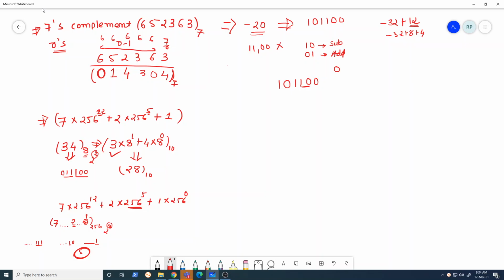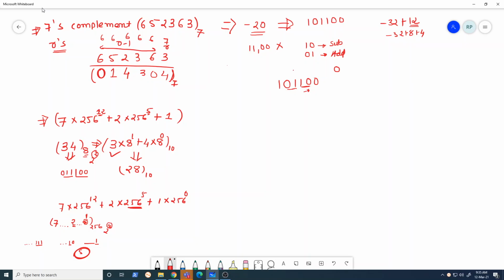Sorry, 1 0. This is qn minus 1 and this is qn. 1 0 means subtraction, right? Only subtraction. Then 1 1 means shift, then 1 0.